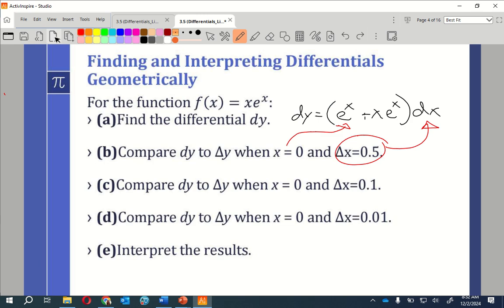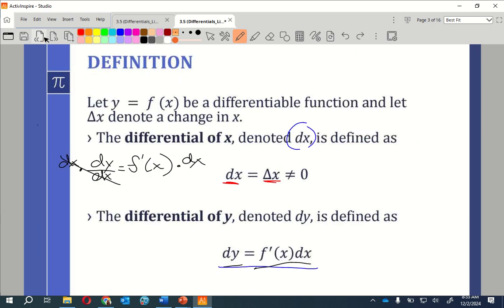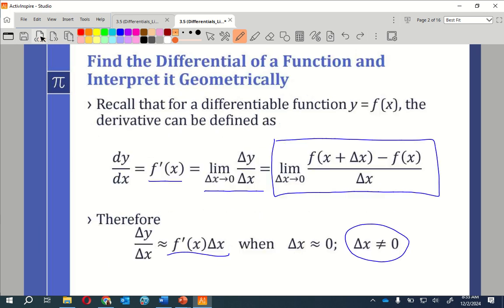Find that delta y, dy to delta y. I'm changing y, because it's the delta y over delta x. Going back. See the formulas right here.